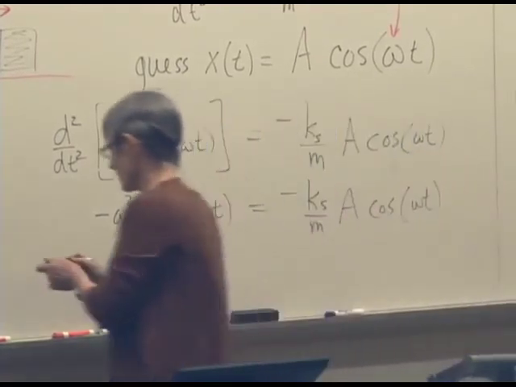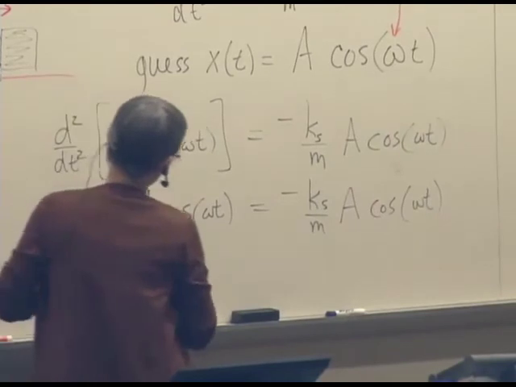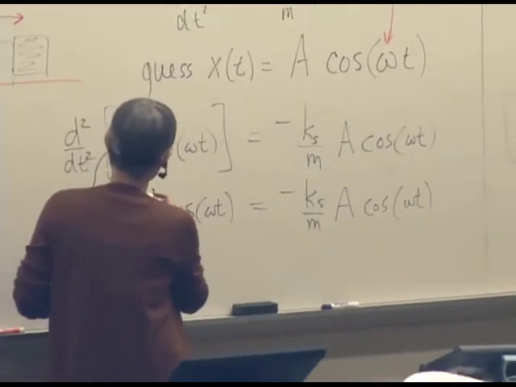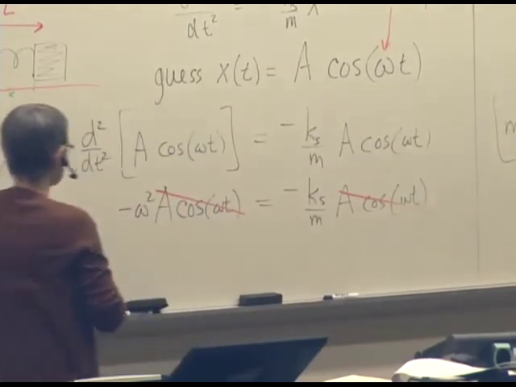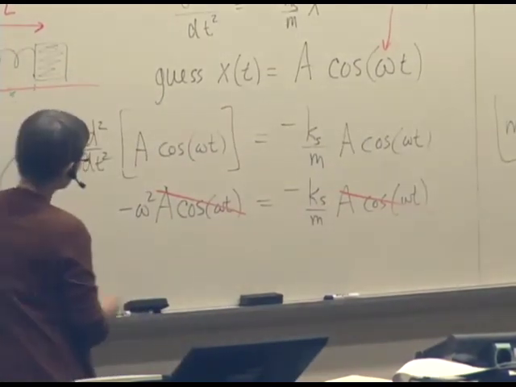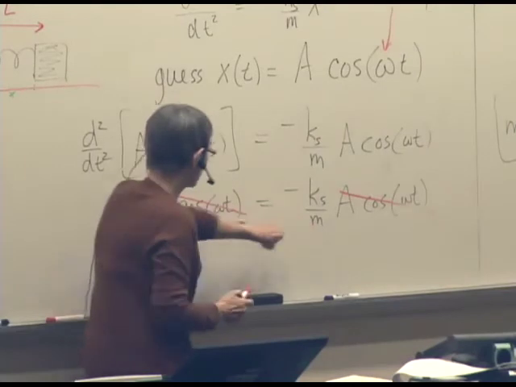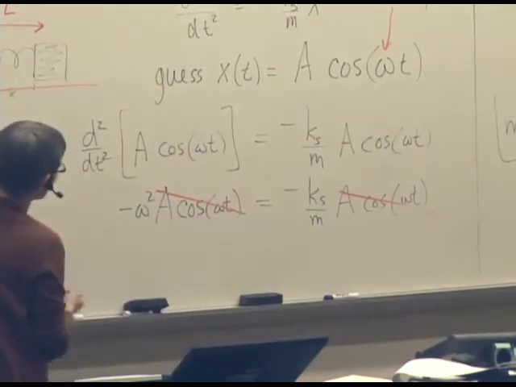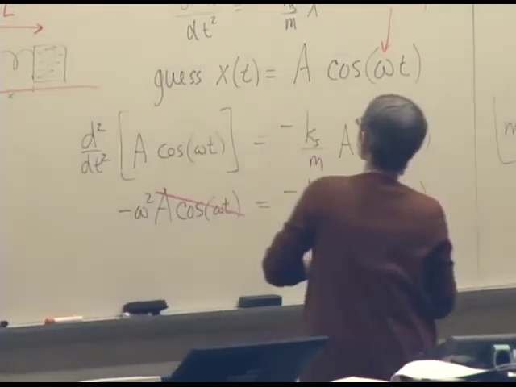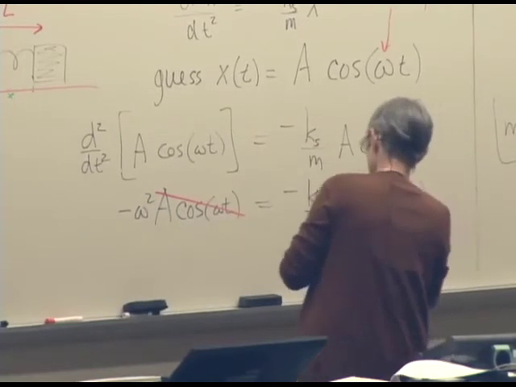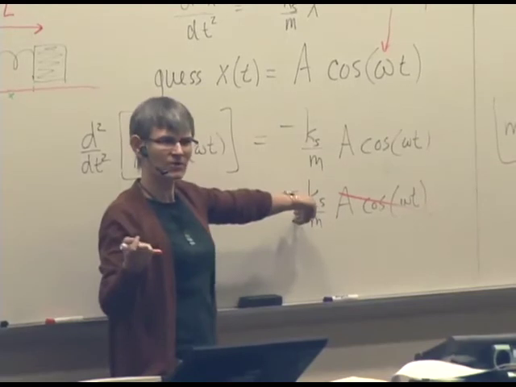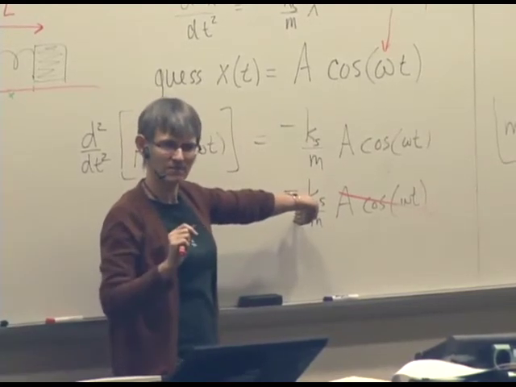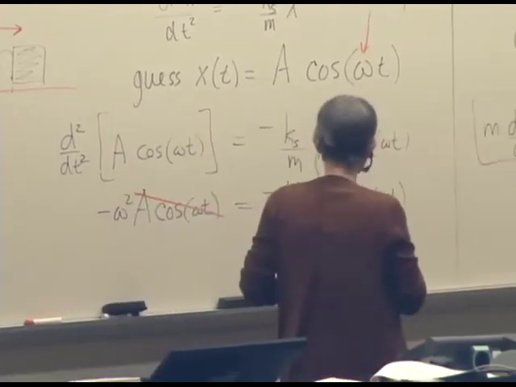And now we see that a big chunk of each side of this equation is the same. So A cosine omega t and A cosine omega t are the same. And that leaves us with the conclusion that this actually works if omega squared is the spring stiffness divided by the mass attached to this thing.